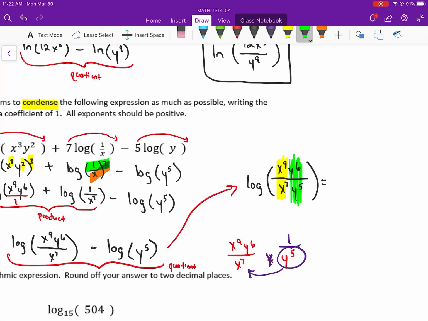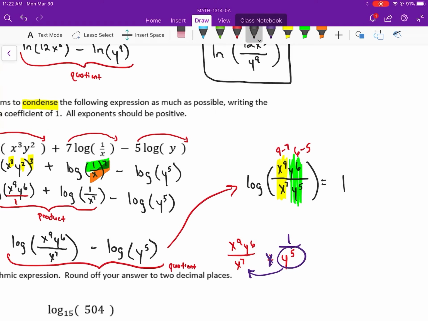Now, when we divide exponents, as long as they have the same base, or the same variable in this case, what do we do with those exponents when we are dividing them? The answer is we are going to subtract them, okay? So here we're going to do 9 minus 7, and on the y's we're going to do 6 minus 5. Now, keep in mind, order does matter there.